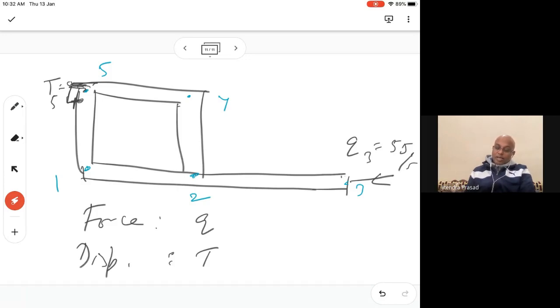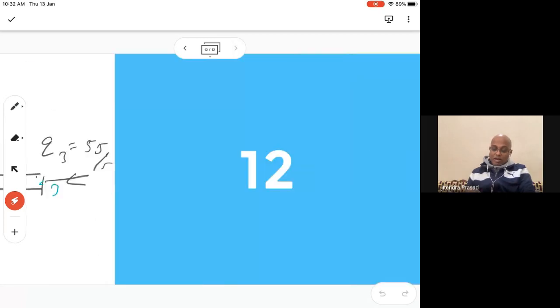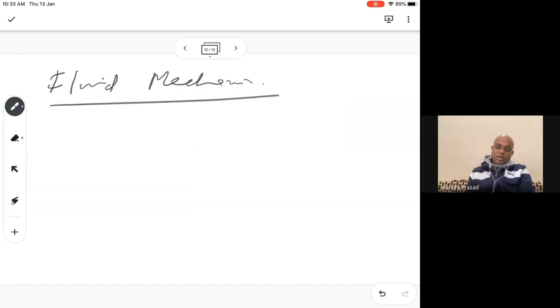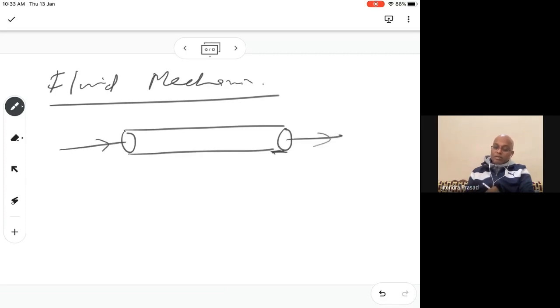Now there could be many other kinds of problems. Even fluid mechanics problems you can solve. In fluid mechanics, you can have a pipe, for example, through which there will be a Q, right?